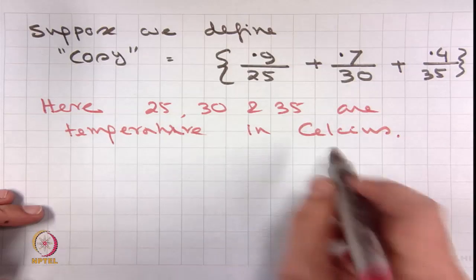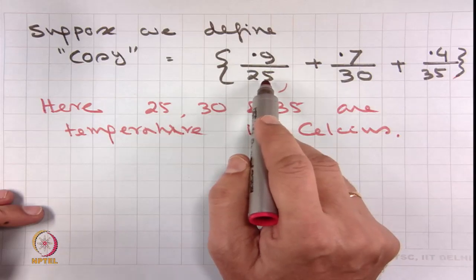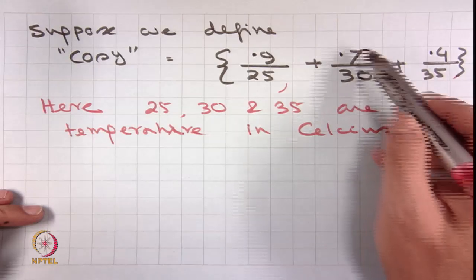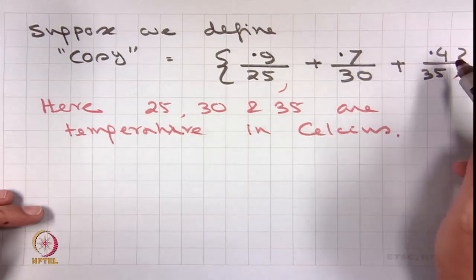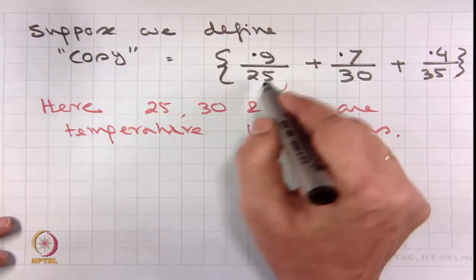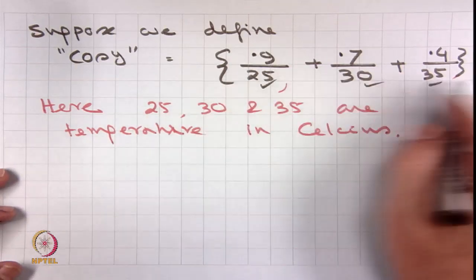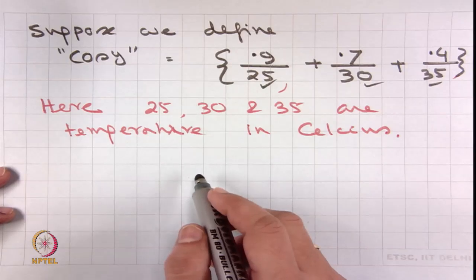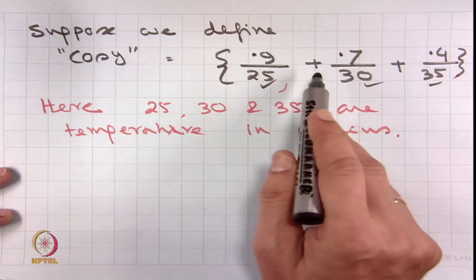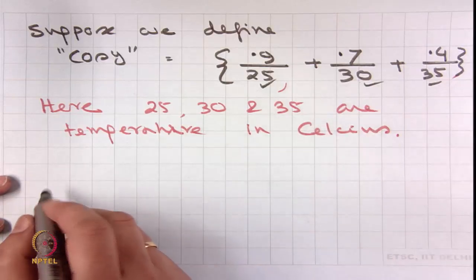Or in other words, we are saying that if the temperature is 25 degrees Celsius, then membership to cozy is 0.9. Similarly, for 30 it is 0.7, for 35 it is 0.4. So, to keep it simple, we have taken discrete values. In practice, of course, one can take a continuous range of temperature and one can assign the membership values by defining an appropriate function.